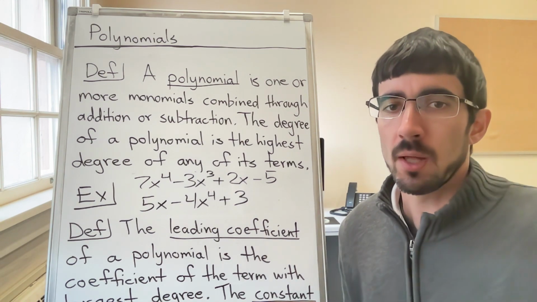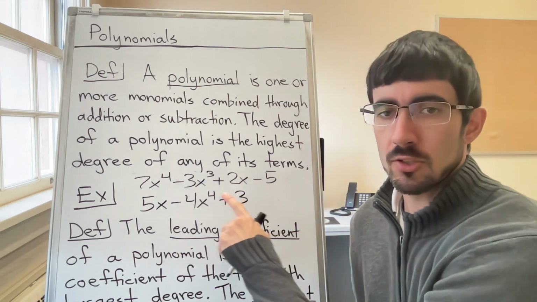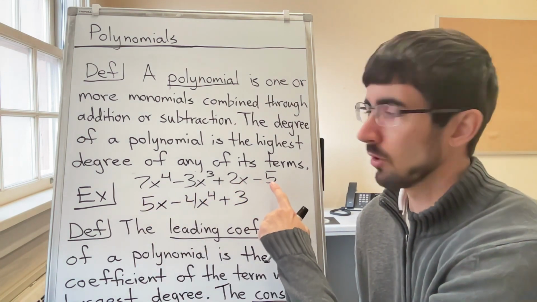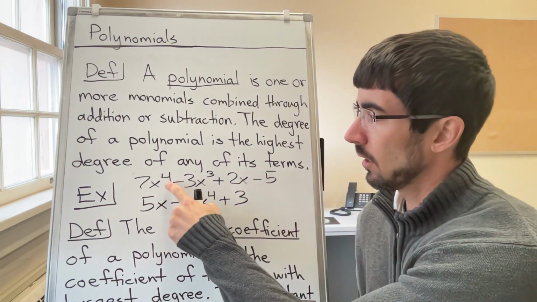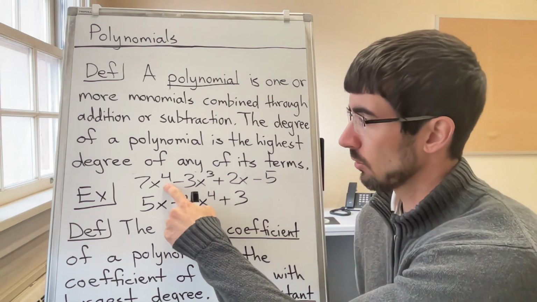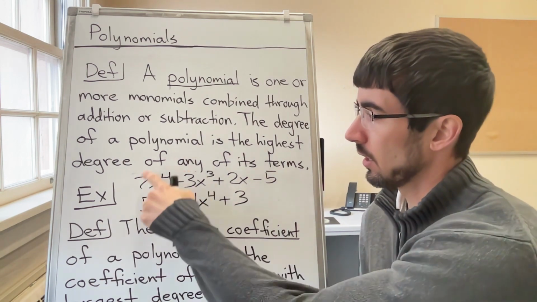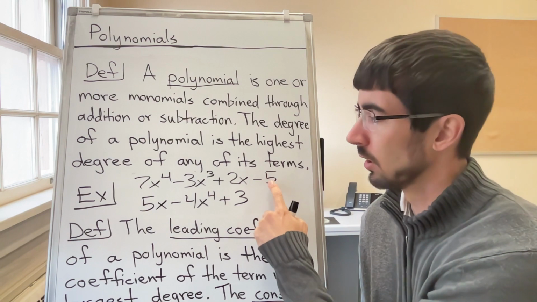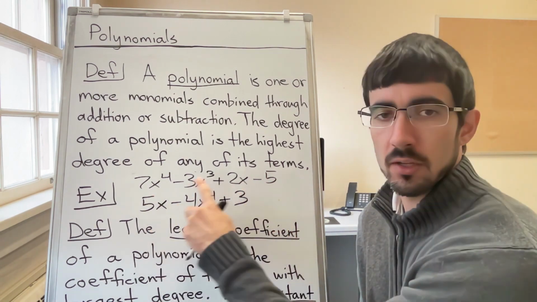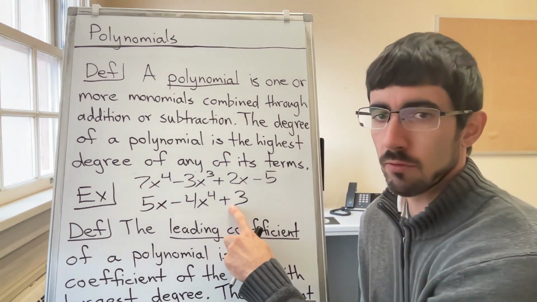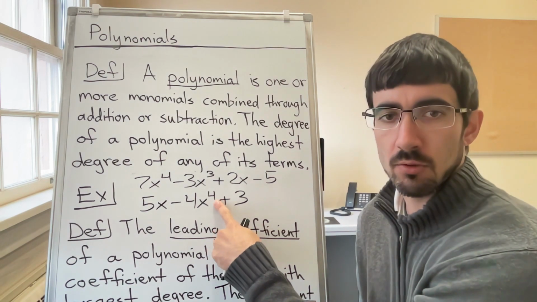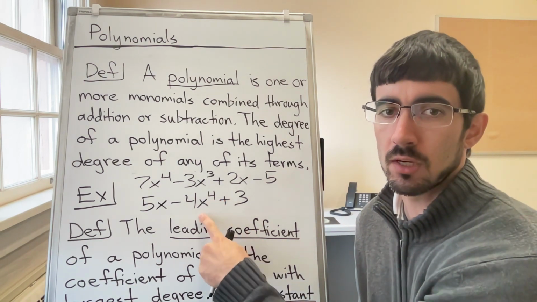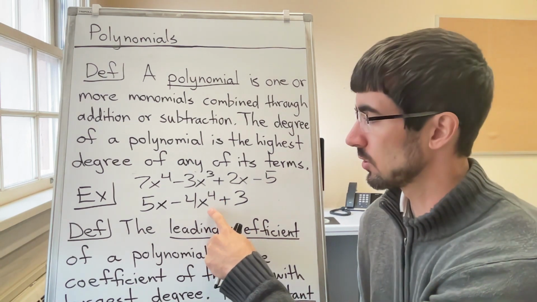The degree of a polynomial is the highest degree of any of its terms. So as I look at this polynomial, the highest degree of any of its terms is degree 4. So I would say this polynomial has degree 4. The same with this polynomial. Even though this one is written out of order, this has degree 4 because that's the highest degree of one of its monomial terms.